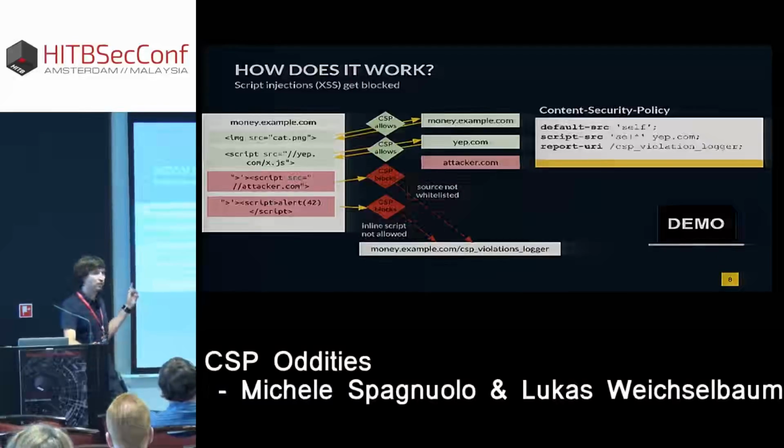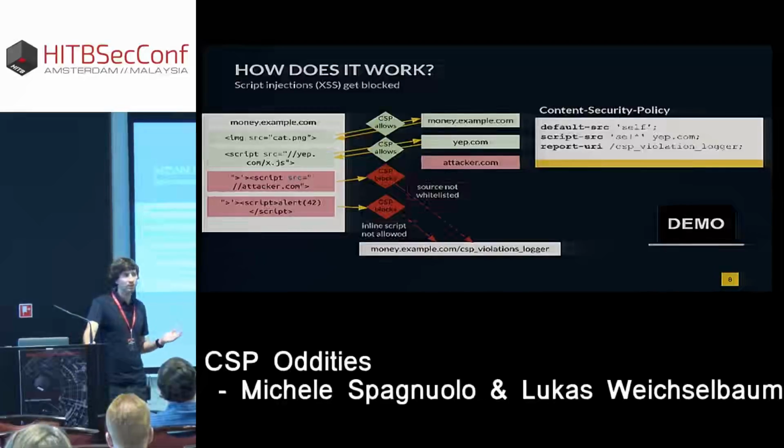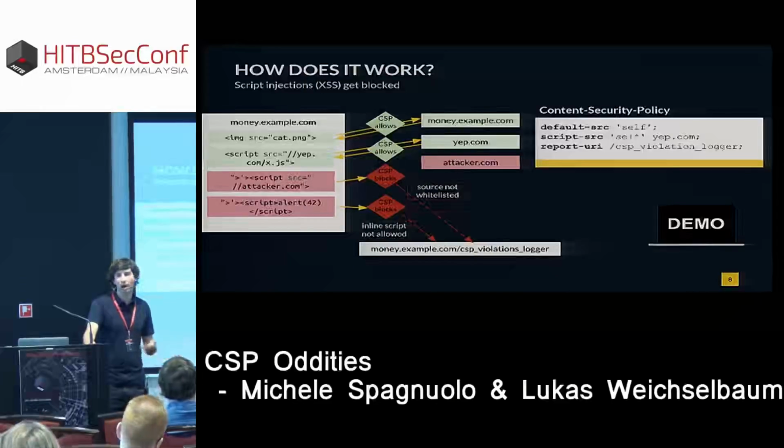These properties are really interesting, right? CSP as a mitigation has a lot of potential. The possibility to maybe defeat XSS is really interesting. Unfortunately, most CSPs currently on the web are totally useless.